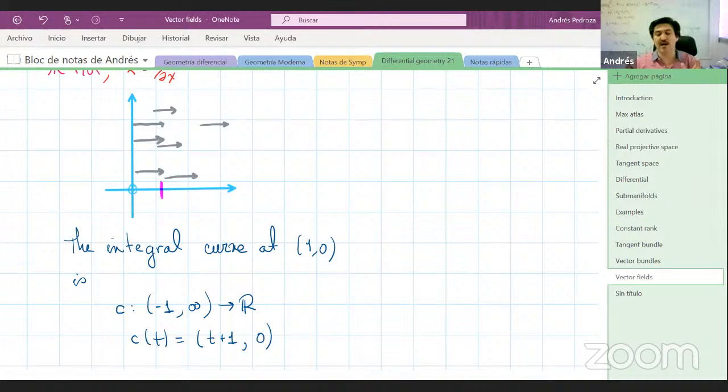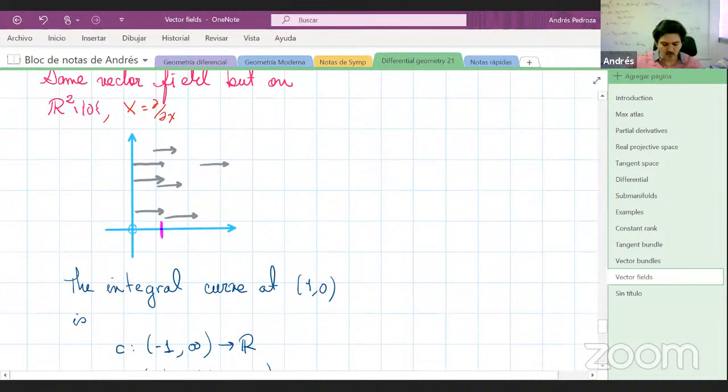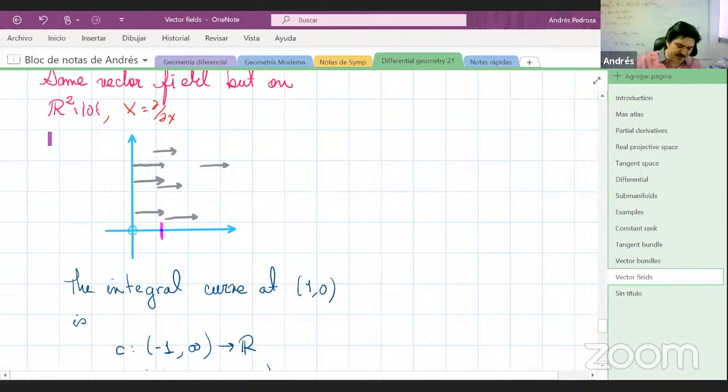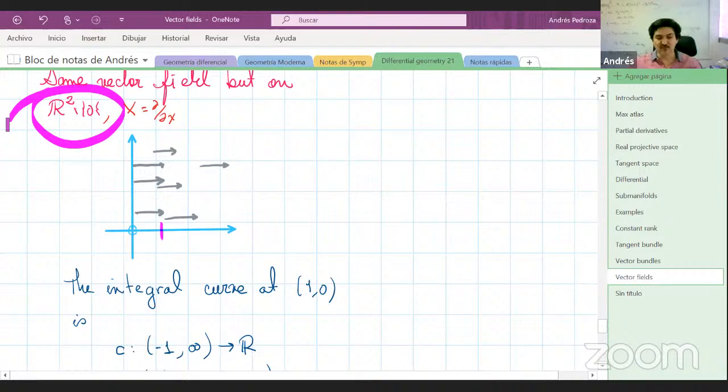That will give you a domain for your parameter T. But the other thing, you have to look at the geometry of your manifold and see if that makes sense. And that's what happened here when we replace the manifold by this. So you have to be careful what is the domain here.